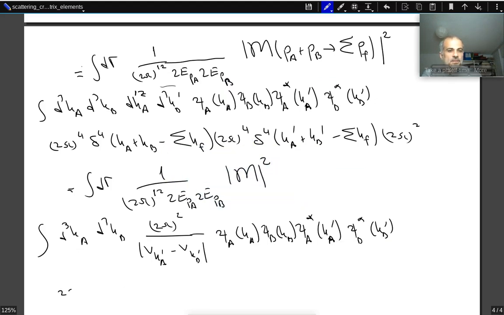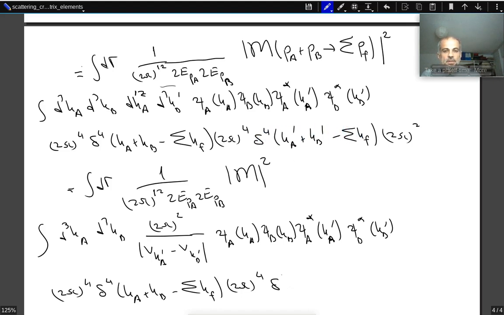And we have the (2π)^4 Dirac delta to the 4, ka plus kb minus the sum of kf, and then we have the other (2π)^4 Dirac delta. We already used 2 of these Dirac deltas over here. What remains?